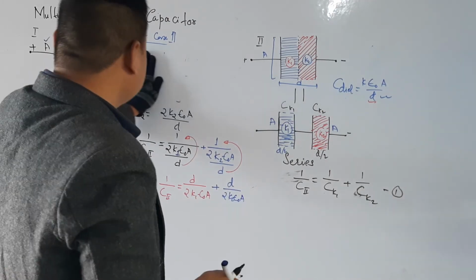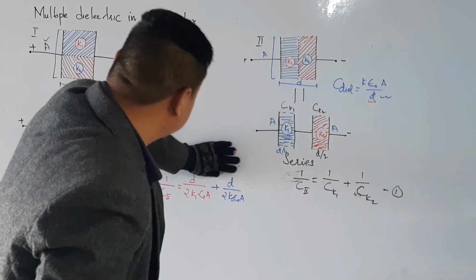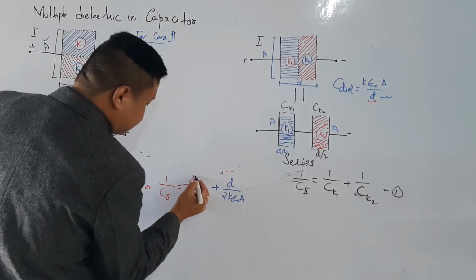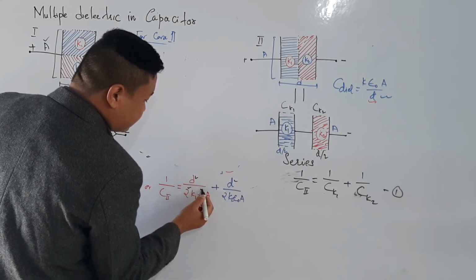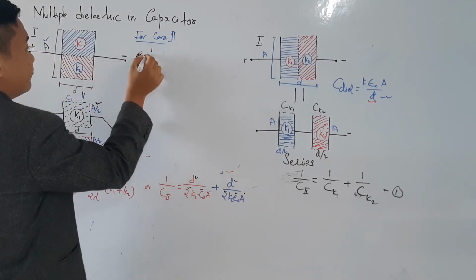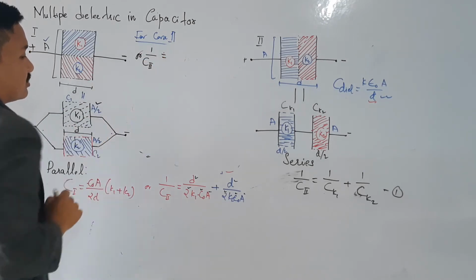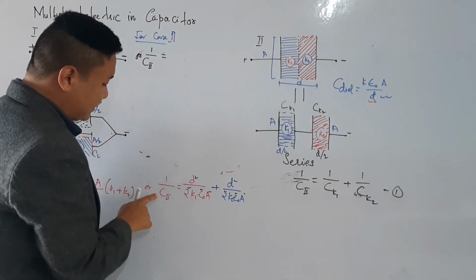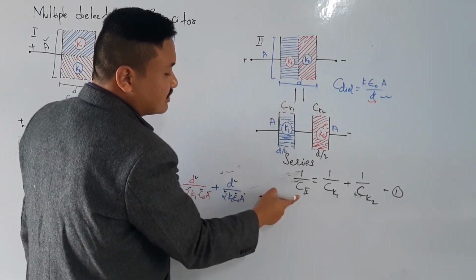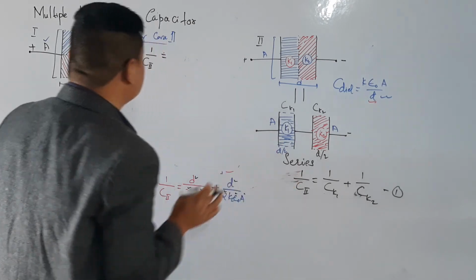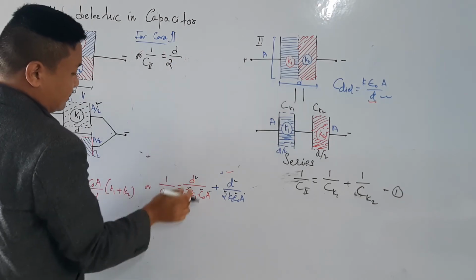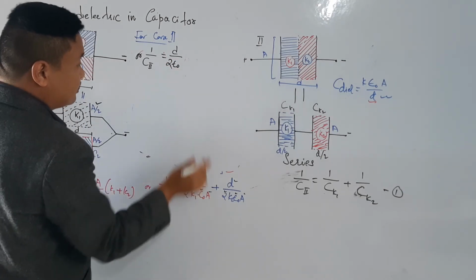Now what happens is very simple, only the mathematics. Here D, 2, epsilon naught and A are common, so taking them common, 1 by C2. Some people always make a mistake by writing C2 equal to, but this is in series, so it should always be 1 by C2. So I will take D common, 2 common, epsilon naught common, and A is also common.